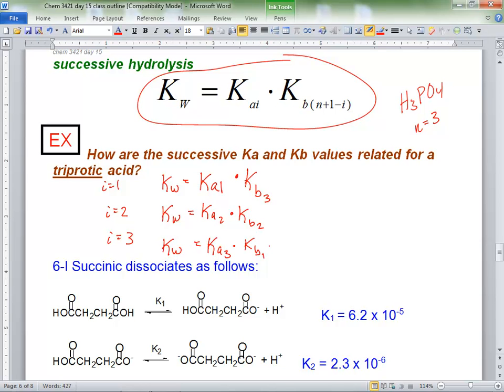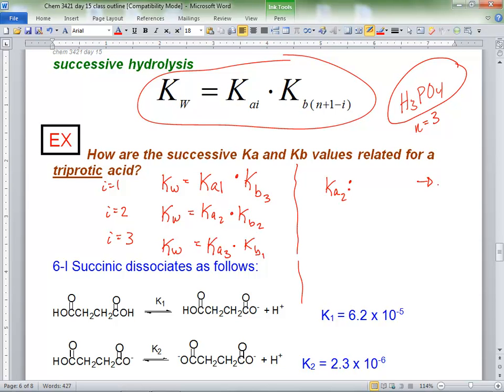So if you had phosphoric acid, let's just make sure we're all on the same page. How would you write a Ka2 reaction? What would the Ka2 reaction look like for phosphoric acid? Ka1 would mess with phosphoric acid, H3PO4.